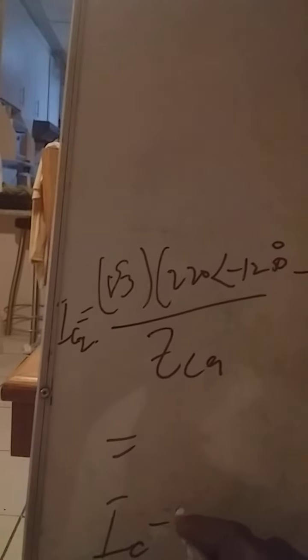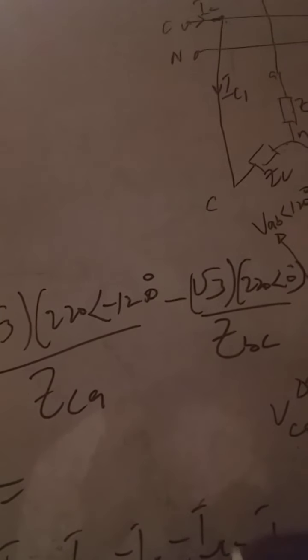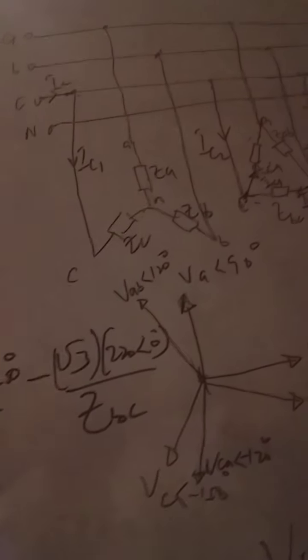Then minus IC1 is flowing away, minus IC2 is flowing away from that node, minus IC3 is flowing away from that node, but IC4 is flowing back into that node, plus IC4. So everything will be equal to 0.